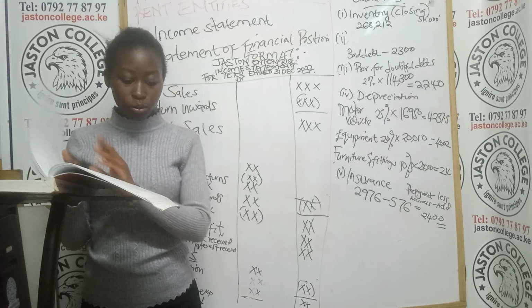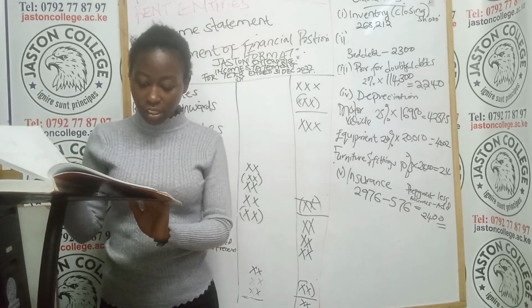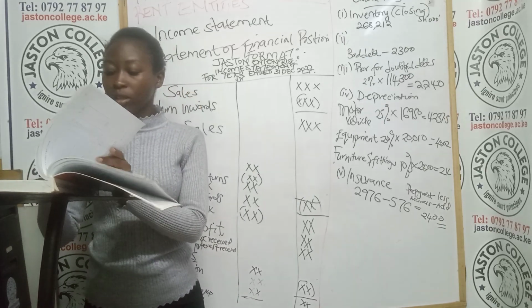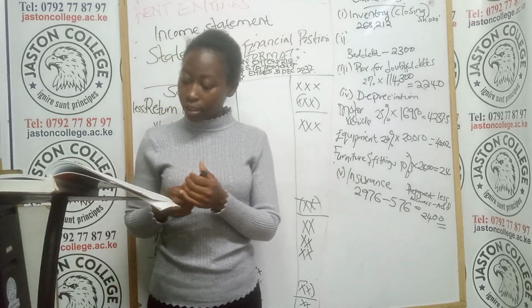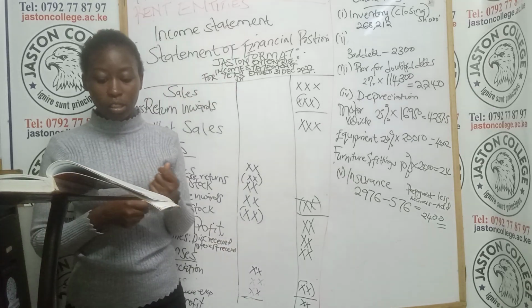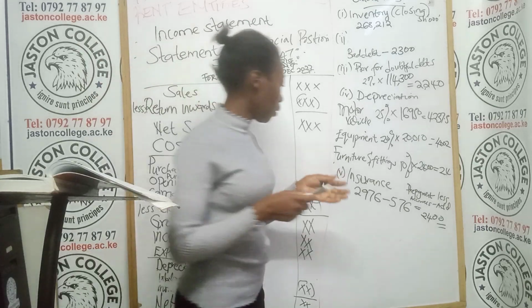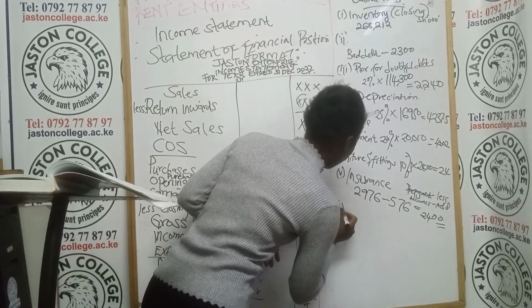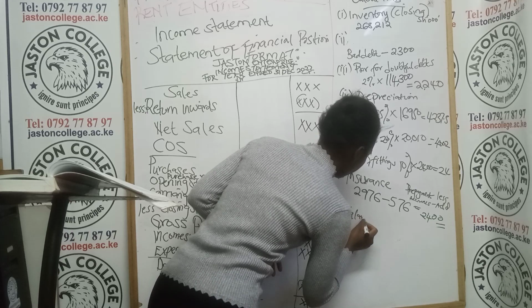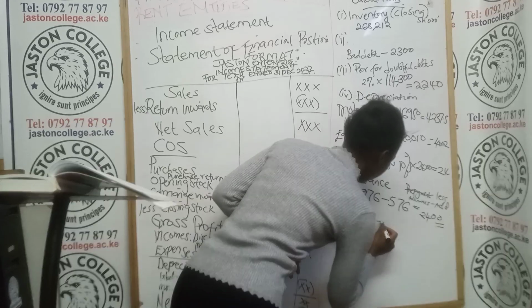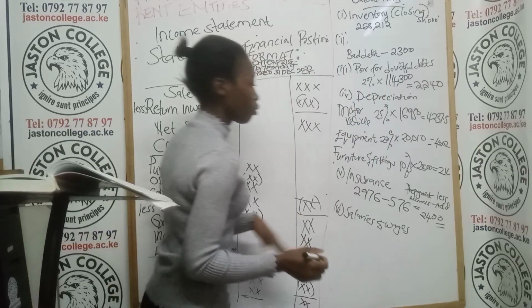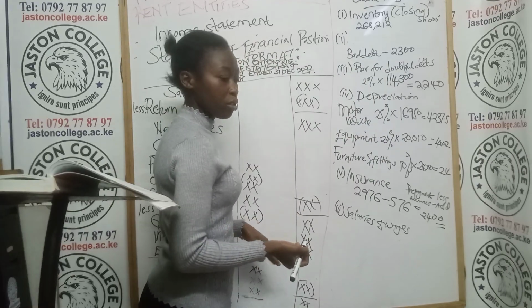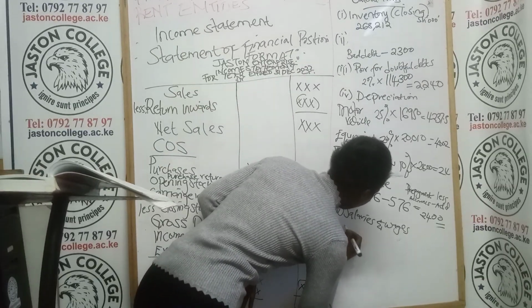Now we will head on to note 6, wages and salaries. We are told wages and salaries accrued as at 31st October 2016 was 3 million. Now our note 6 here will be salaries and wages. They accrued, that means we will add accrued.